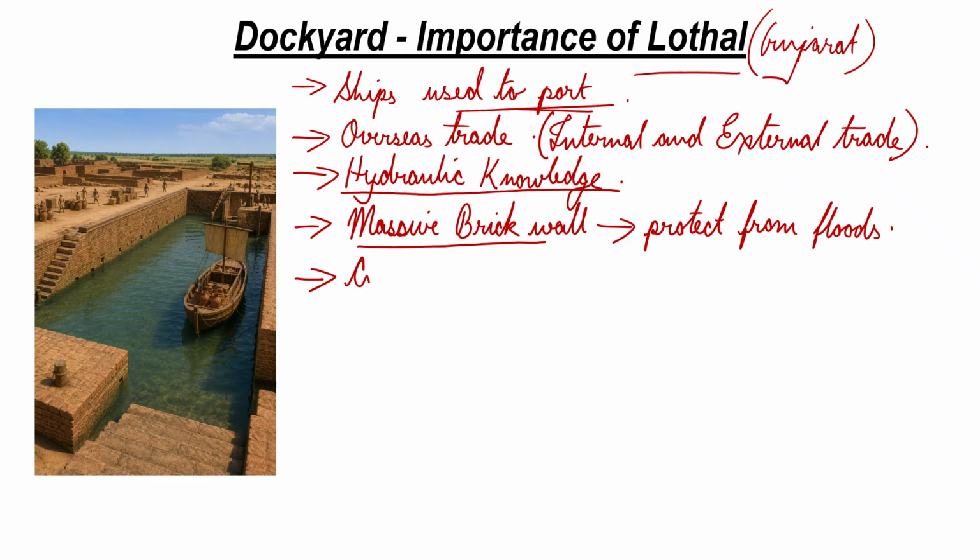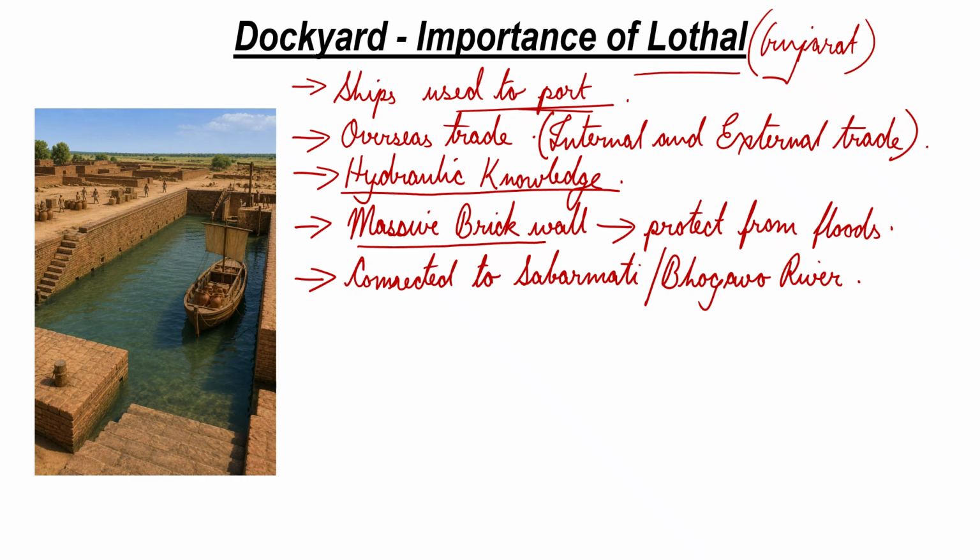So it was connected to Sabarmati or Bhogavo river. So dockyard may have been like this, rectangular shape, and it had a channel which was connected with a river. So that is how the map shows us.